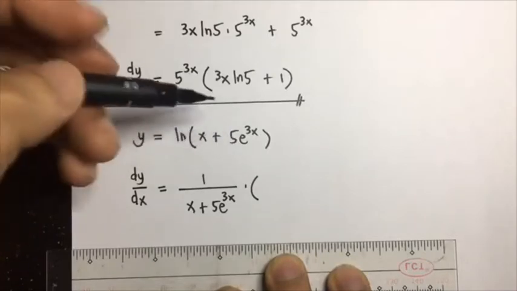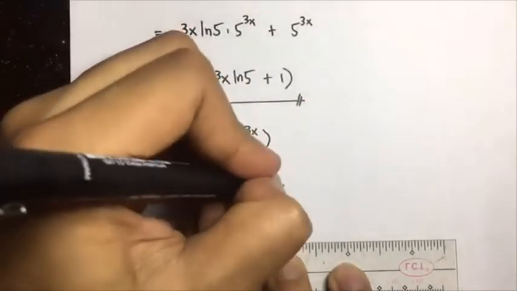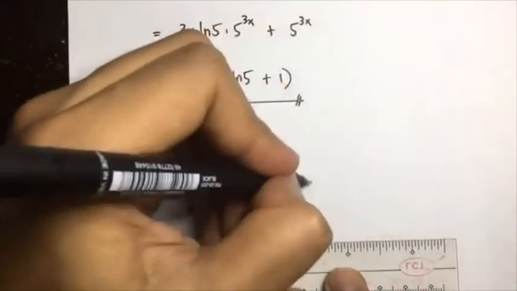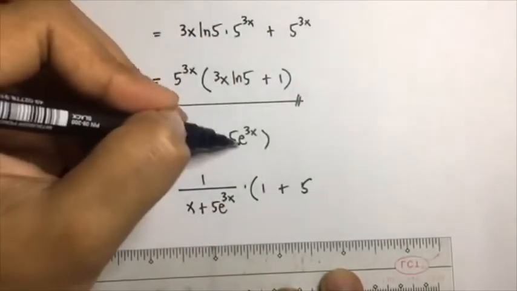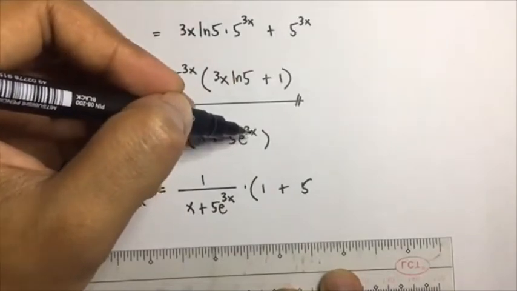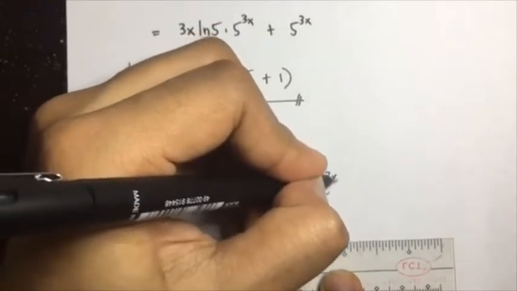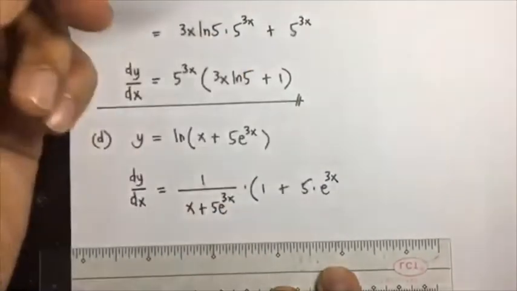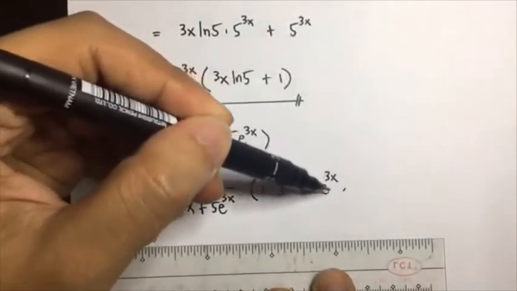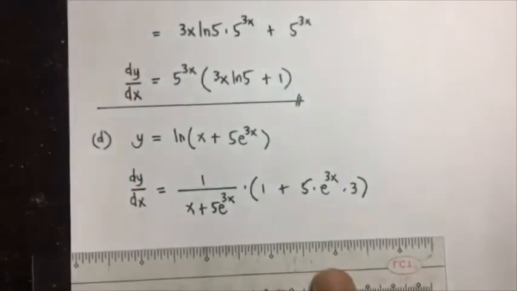So the derivative of x is 1 plus 5 multiplied by the derivative of e raised to 3x. That will be multiplied by e raised to 3x, copy, and then multiply it with the derivative of the exponent 3x with respect to x, so that is 3.